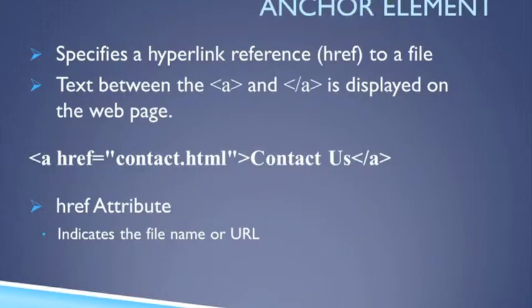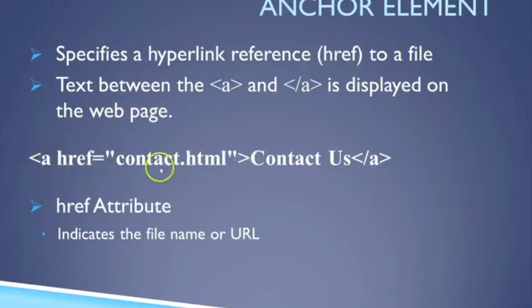The next HTML element is the anchor element. The anchor element allows us to refer to other pages on our website, or maybe other websites. All anchor tags have an A and a /A, and then we contain a hyperlink reference associated with that. So here's an example of one.